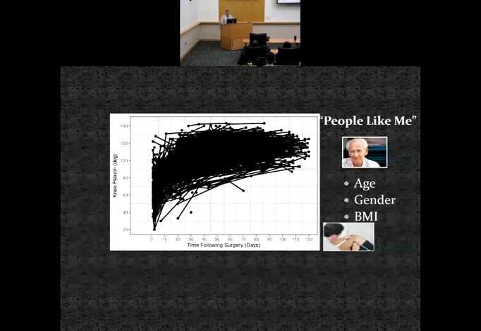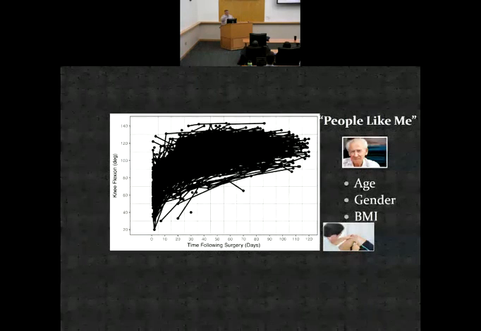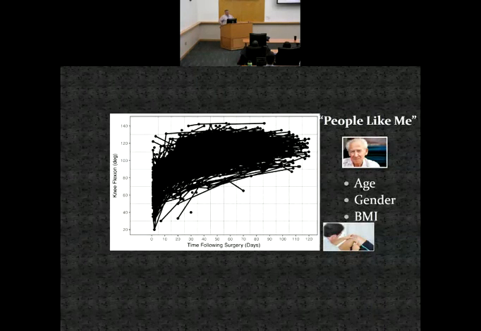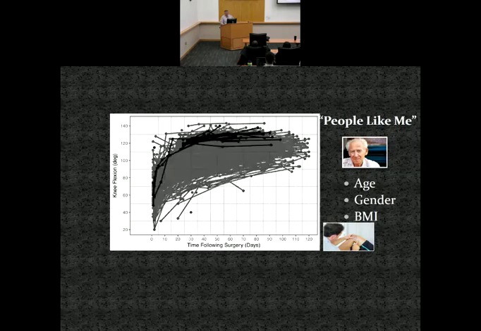This is an example from, I've been working with Jennifer Stevens lately and Andrew Kittleson on a tool where he is trying to help patients know what their rehab will be like after a knee replacement. And this is from a population of patients, what their knee flexion scores are in the time following surgery.